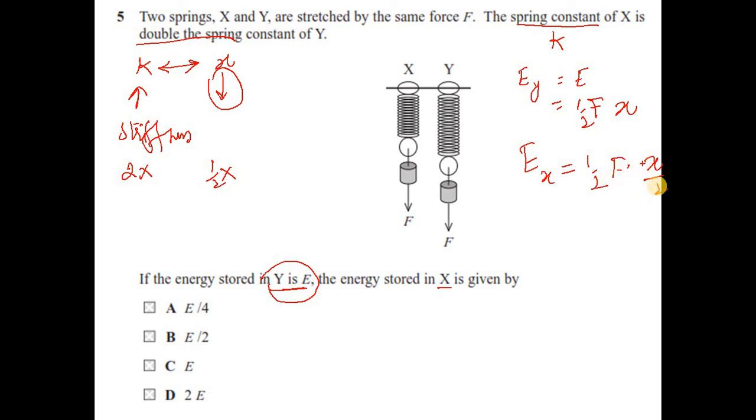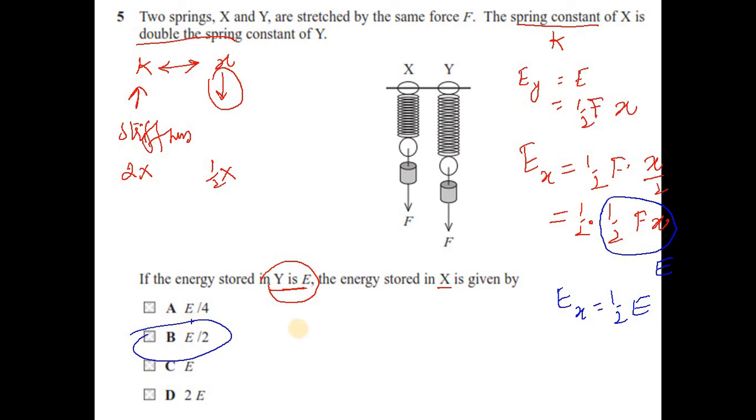Rearranging, half of Fx is E. So E_X is half of E. That means the option is B.